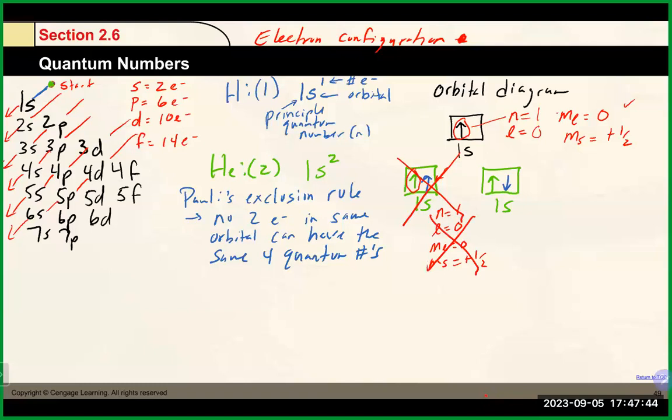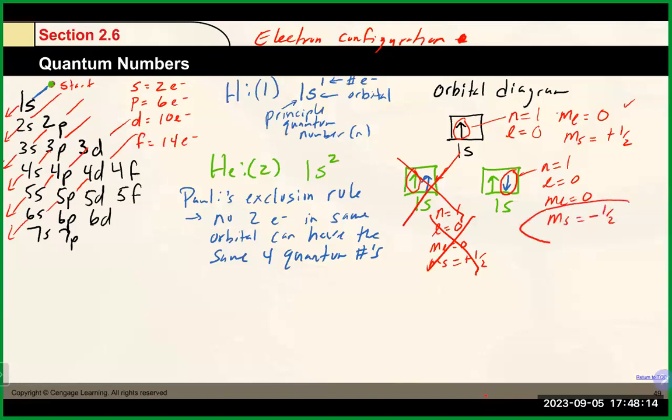So when we put the second electron in there, it needs to go in the opposite direction. Now if we assign the four quantum numbers for this electron, n equals 1, L equals 0, m sub L equals 0, and since the electron is pointing downward, m sub S is equal to minus 1/2.